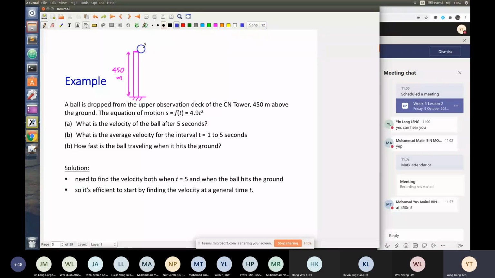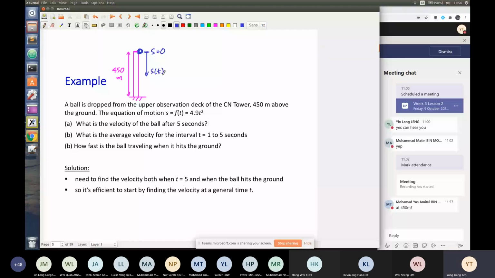Let me draw this ball a bit smaller because it's treated as a particle. It is at 450 meters, but at 450 meters, S equals 0, and S of t is pointing down.